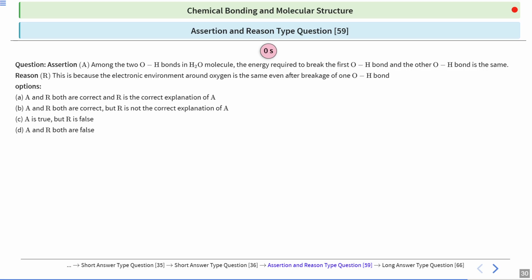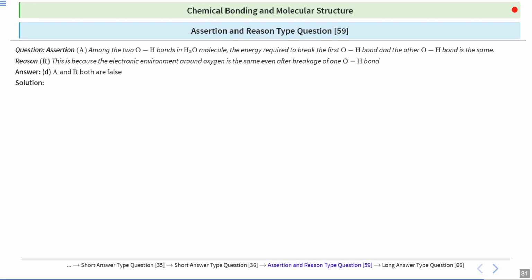Your time is up. So assertion and reason both are false. How is it false? If you consider the correct assertion, then both OH bonds will have a different bond enthalpy, because when you break the first OH bond, you get an OH species.